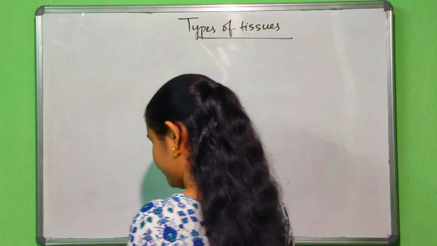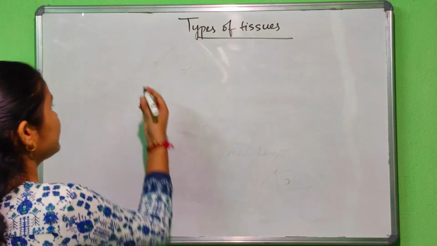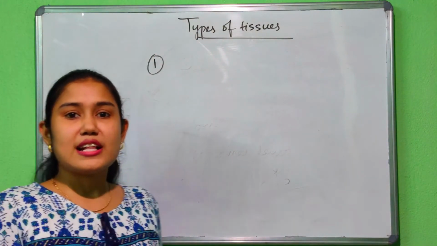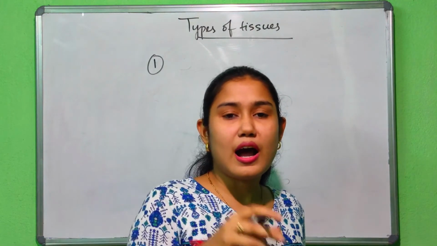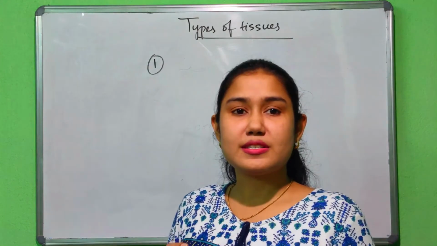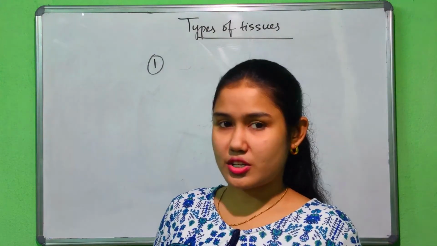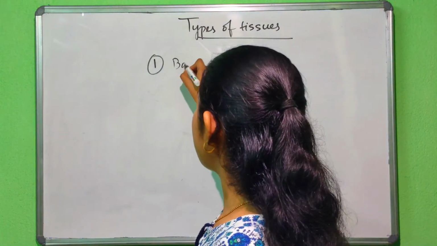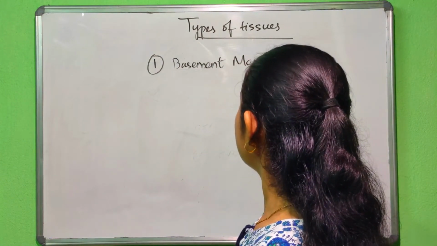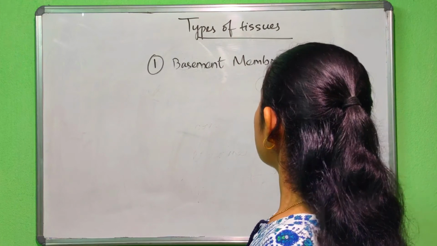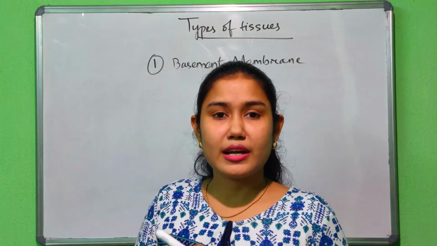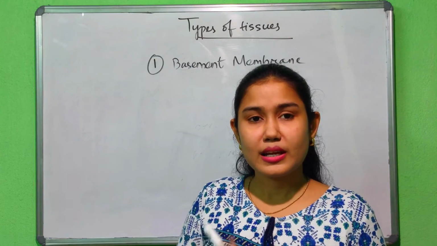The first one is that all the cells of the epithelium are placed on a thin fibrous supportive membrane-like structure called the basement membrane. What does the basement membrane do? This basement membrane provides support.